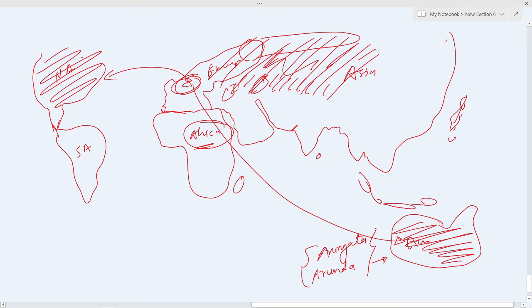The last we'll talk about is India. In ancient times, various tribes were autonomous, but after colonization they were subjugated.